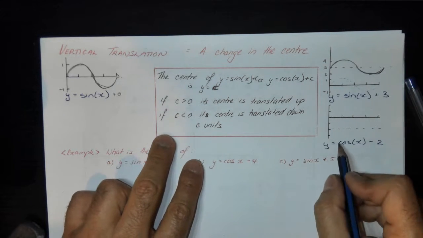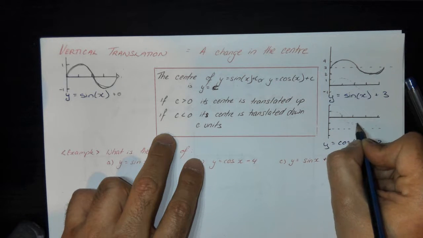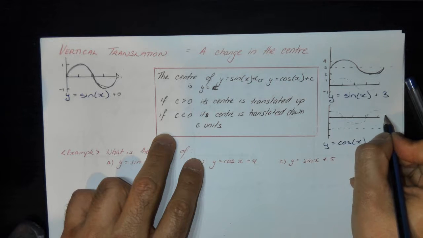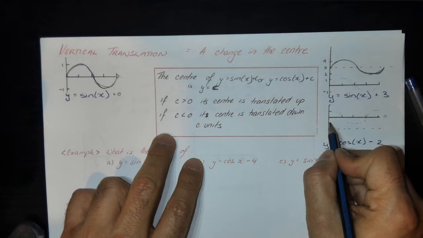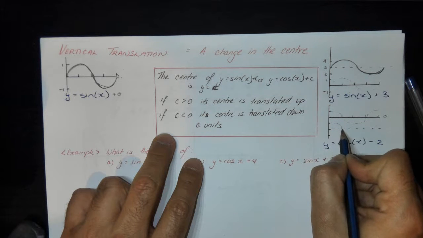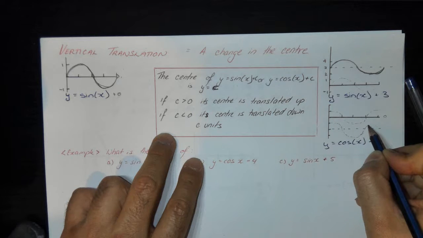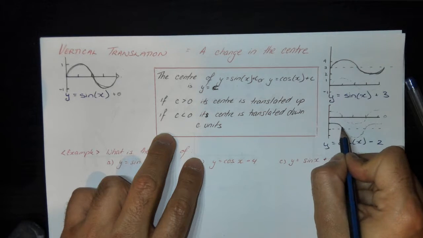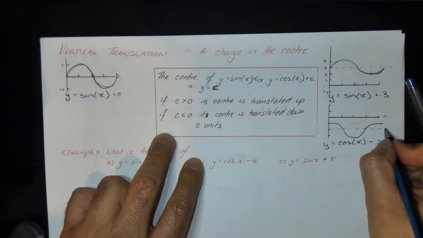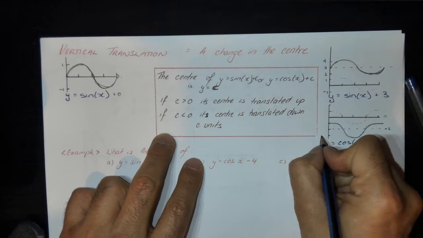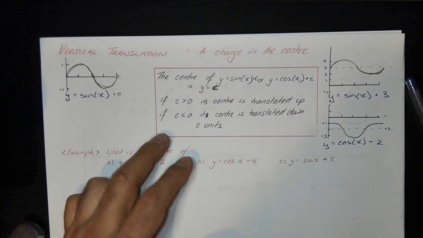And if we had cos, so cos looks like that. So once again, the center at 0. It now shifts 2 units down, so the center now becomes negative 2. Your range becomes negative 3 to negative 1.